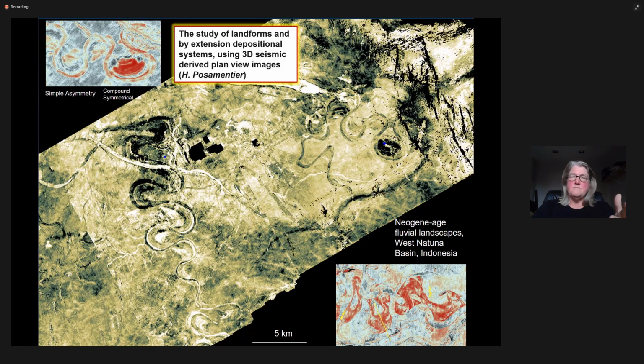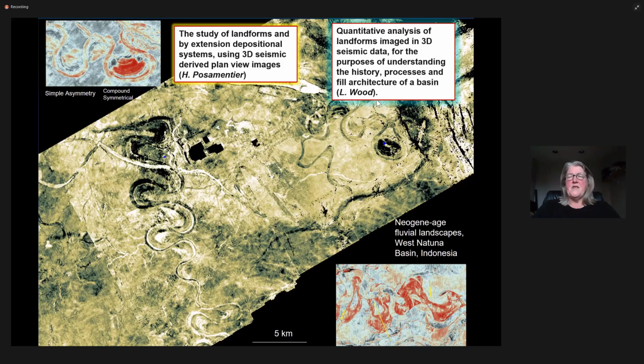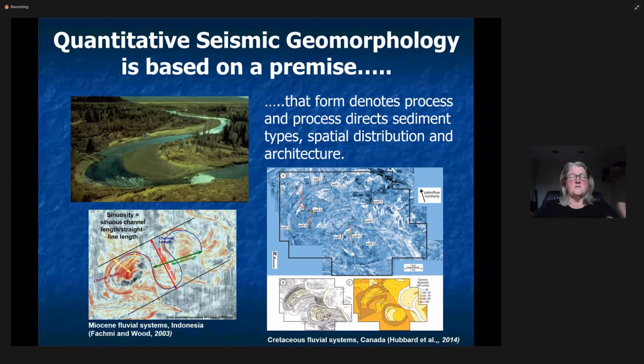And so about the same time, I began working on seismic geomorphology, and I began looking at not just the landforms and the things that were being imaged in the data, but I was interested in quantifying the landforms because I knew that form in some ways denotes process.